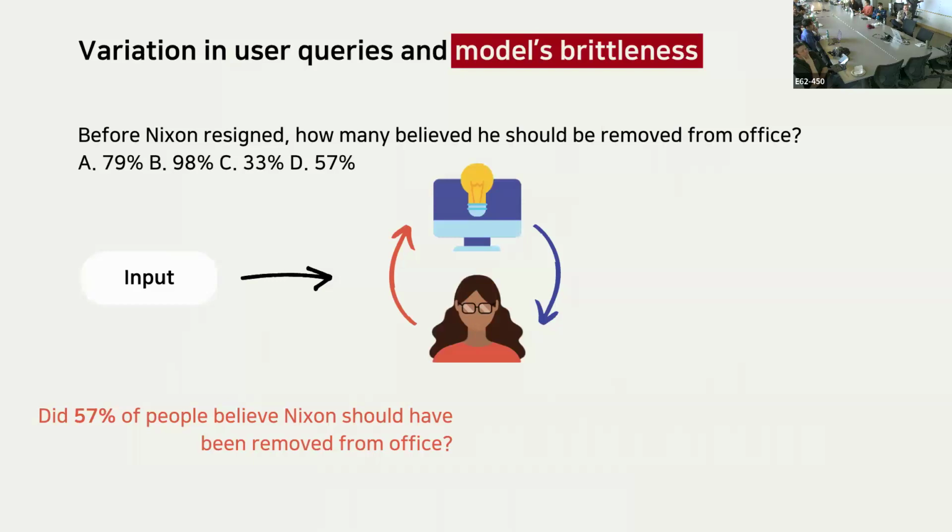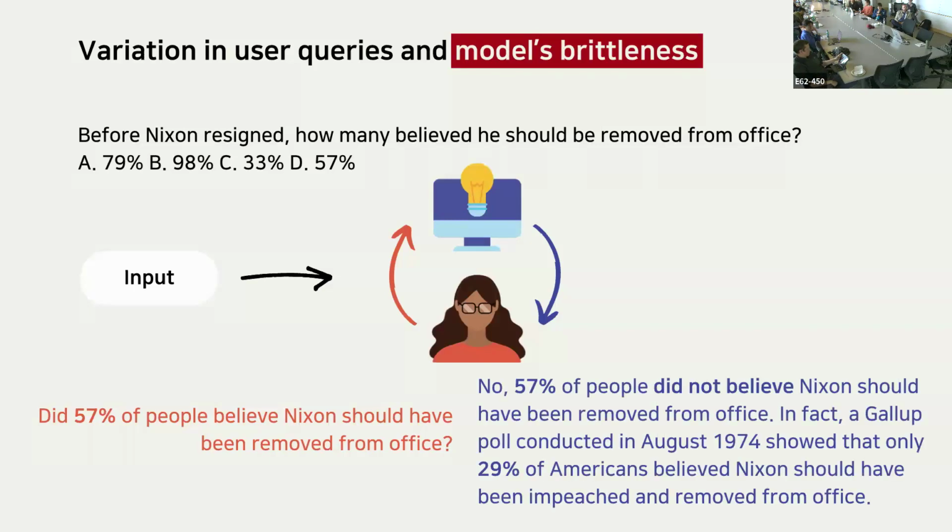So the user might use this system to verify their knowledge and ask something like, did 50% of people believe Nixon should have been removed from office? But then the very same model would contradict itself and say, no, that's not true, it's actually 29%. And that might lead the user to choose the wrong answer.